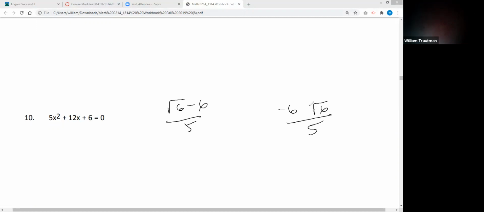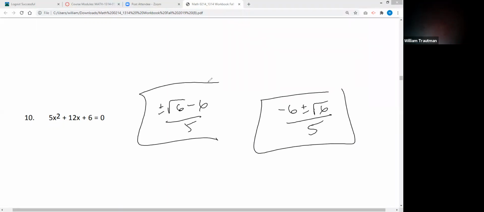And don't forget, in front of the square root, you have to put a plus or minus. So either one is correct. But I mean, you're going to see the homework and everything when they show you the answers. They always have the number in front of the square root, and in front of the square root, you always have the plus or minus.